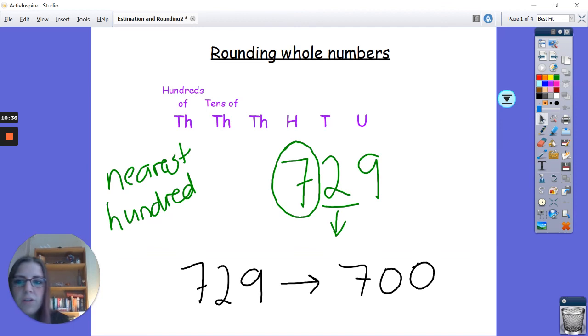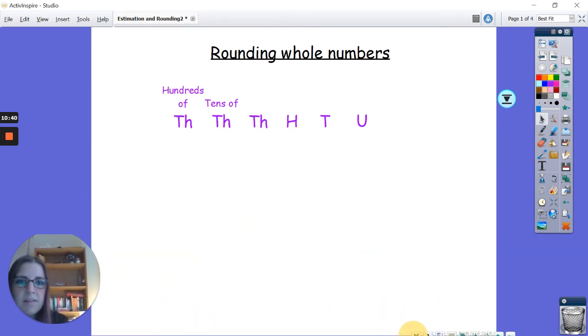Okay, as I said, once you understand this rule, we can apply it when we're rounding to the nearest 10, 100, 1000, tens of thousands. It's the same process. And it's only ever going to be that one digit next to it that tells you what to do, because comparatively the ones next to that are so small they're not making a difference.